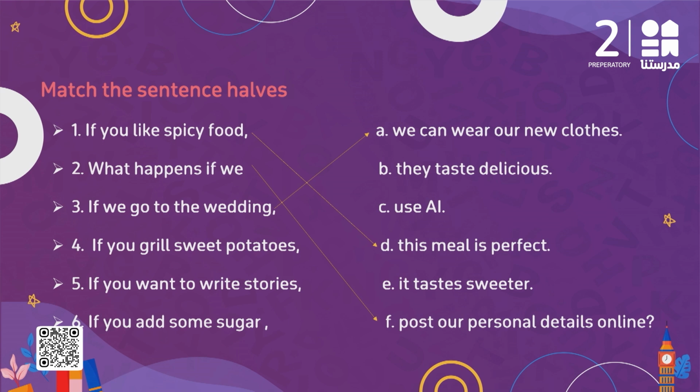If you want to write stories, what can you use? You can use AI. And AI stands for artificial intelligence. We took this in Unit 1. If you add some sugar, it tastes sweeter. So the more sugar you add, the sweeter it is.